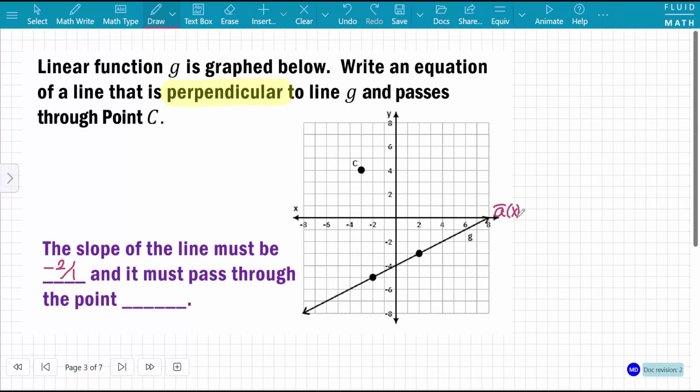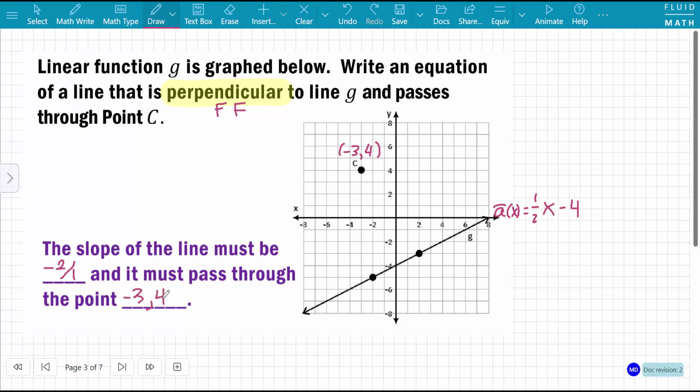A of x equals 1/2 x minus 4, right? So I know it has to have a slope of -2 because it's perpendicular. Next to perpendicular, I'm going to put F for flip, okay? And it has to pass through the point C, which is -3, 4.